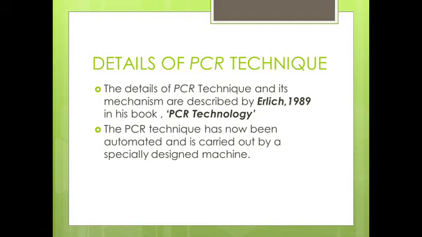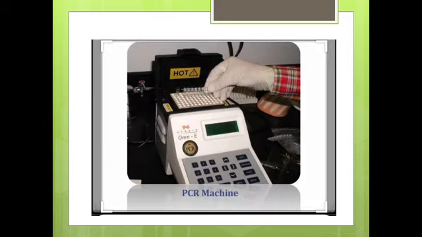Nowadays, the entire process has been automated, and sophisticated machines capable of performing all the steps of PCR are available. Here is one such example of a PCR machine which is used to amplify a given molecule of DNA into several billion copies.